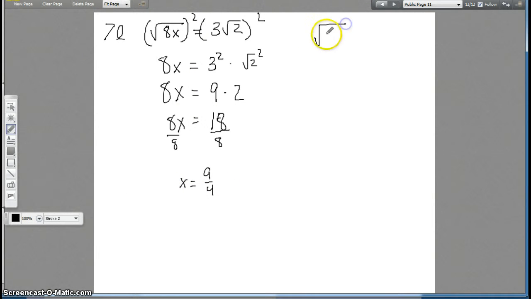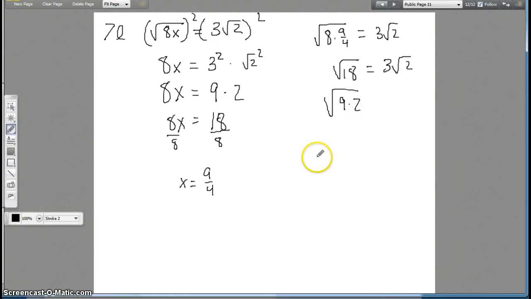So we have the square root of 8 times 9/4 is equal to 3 square root 2. What is 8 times 9/4? Well, 8 divided by 4 is 2, and 2 times 9 is 18. So we have the square root of 18 is equal to 3 square root 2. Well, let's simplify this 18. 18 does have a square factor, 9.